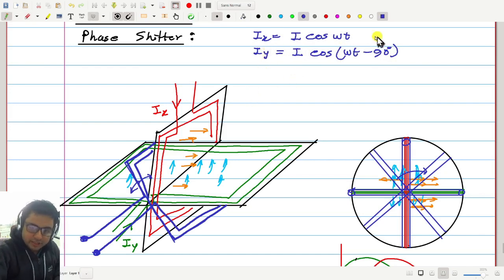Then the flux due to Ix, which we call Bx, will be this current multiplied by some constant.